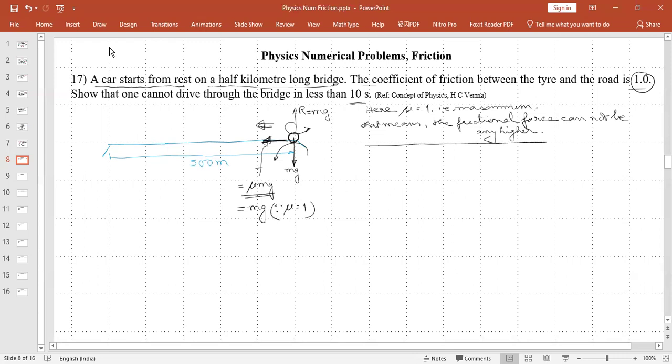Once you understand this clearly, then we can easily say that the car is at its highest capacity.